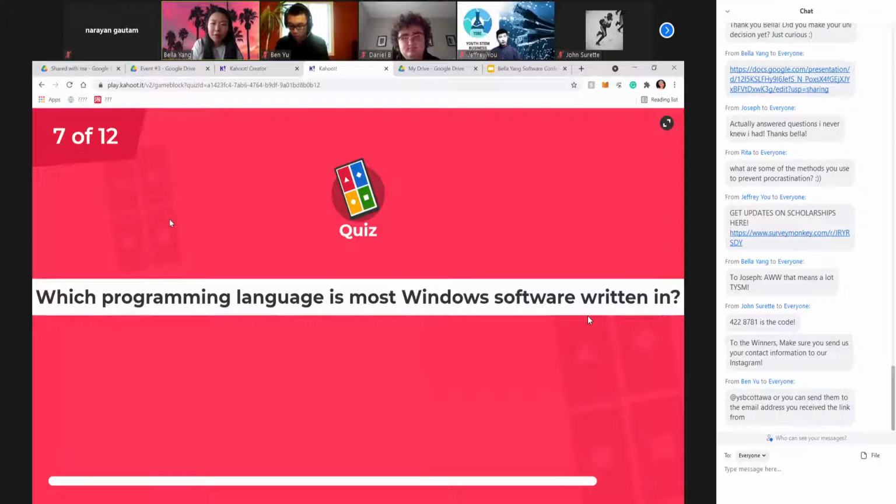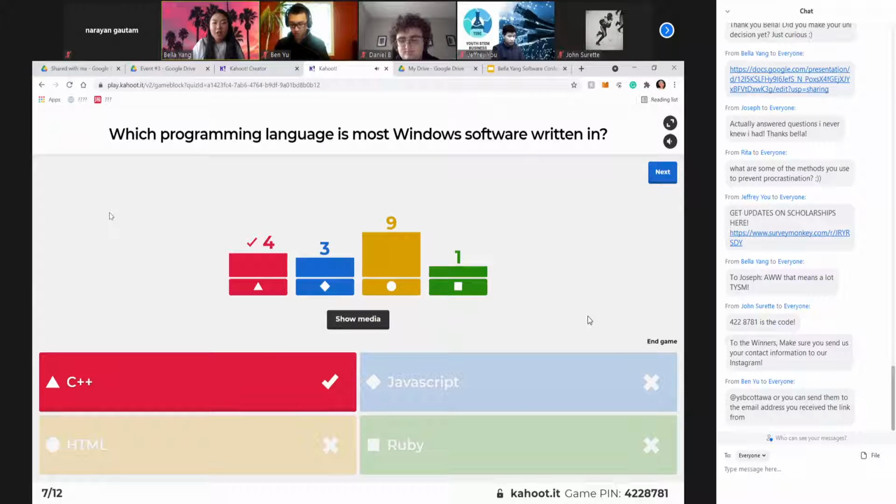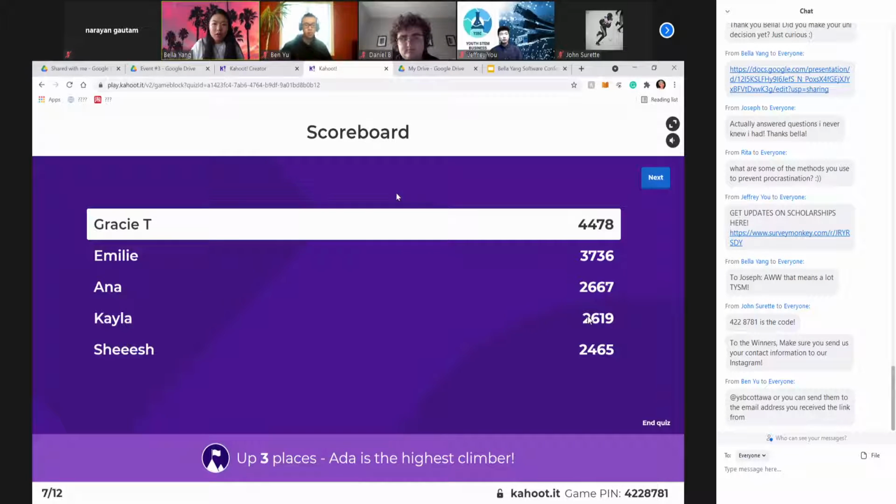Which programming language is most Windows software original? Yeah, it's actually C++. This was done by my research. Oh, rock.